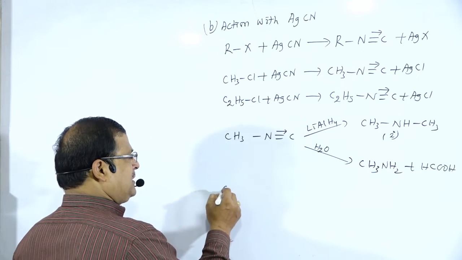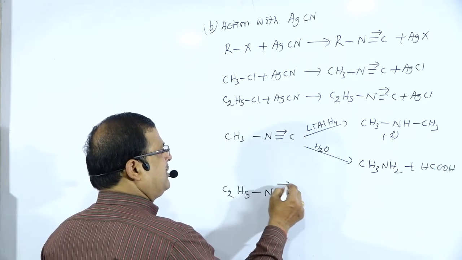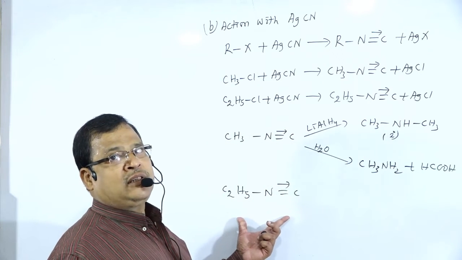If we take ethyl isocyanide, C2H5-N≡C, how is it obtained?